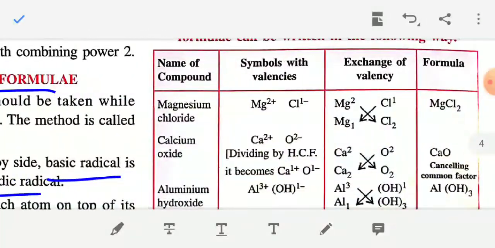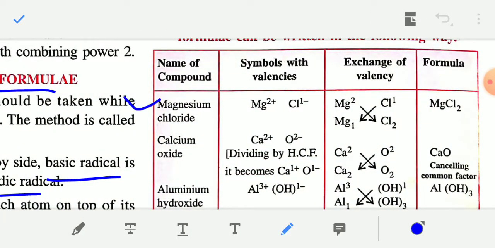First one is writing the chemical formula of magnesium chloride, MgCl2. Magnesium means Mg2+ and chloride means Cl-. You know that. First you have to write the symbol of the cation, that is the basic radical, then the anion. So it is written Mg2+ and Cl-. Now write their valency at the top.